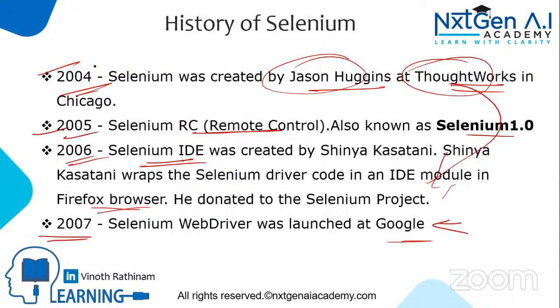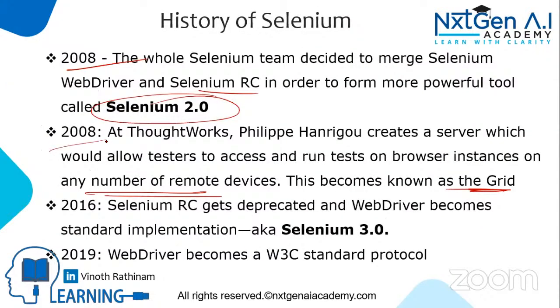See, it started from 2004, and now we are in 2022, and the tool still exists. In 2008, a lot of things were happening. Even in 2014, 2015, I used to try feasibility analysis with the Selenium tool, and it was very complicated for me.